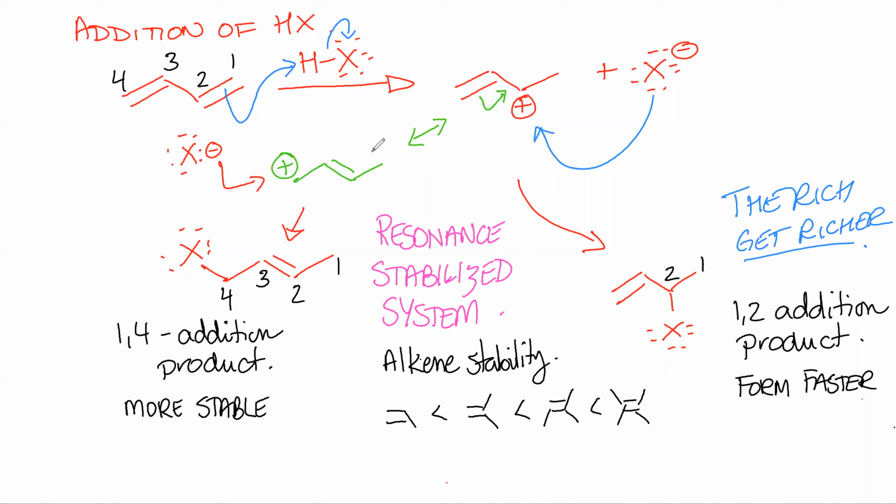So we just draw them as two, but really this positive charge exists on both places. So it's resonance stabilized, and a nucleophile can attack either place to form two different products. In each case, they come from the most stable carbocation, which is the resonance stabilized carbocation.